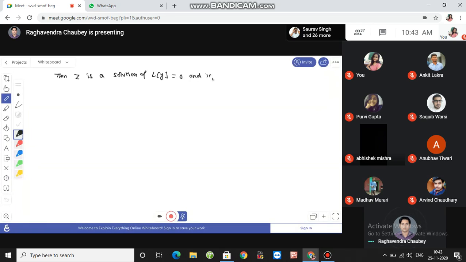And in addition, initial conditions are given. So y(a), y'(a) up to y^(n-1)(a) equal to the constants. These are the initial conditions.